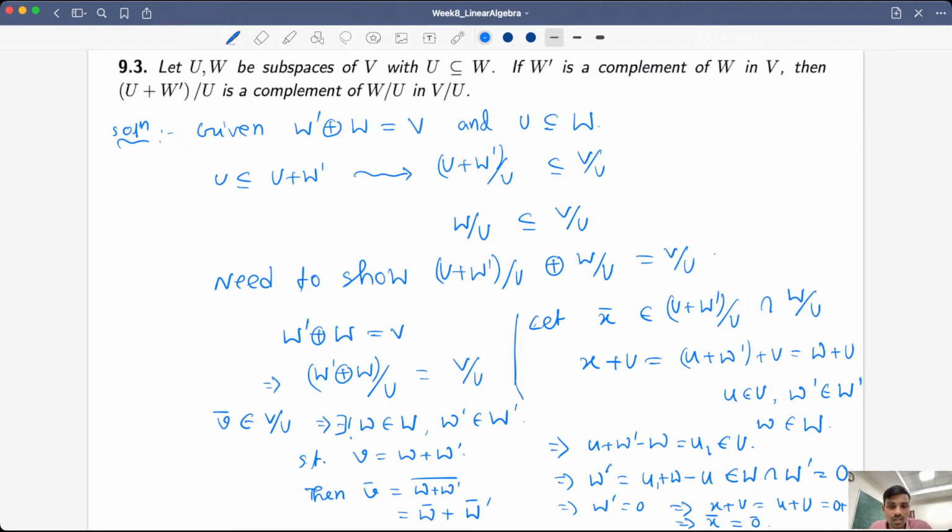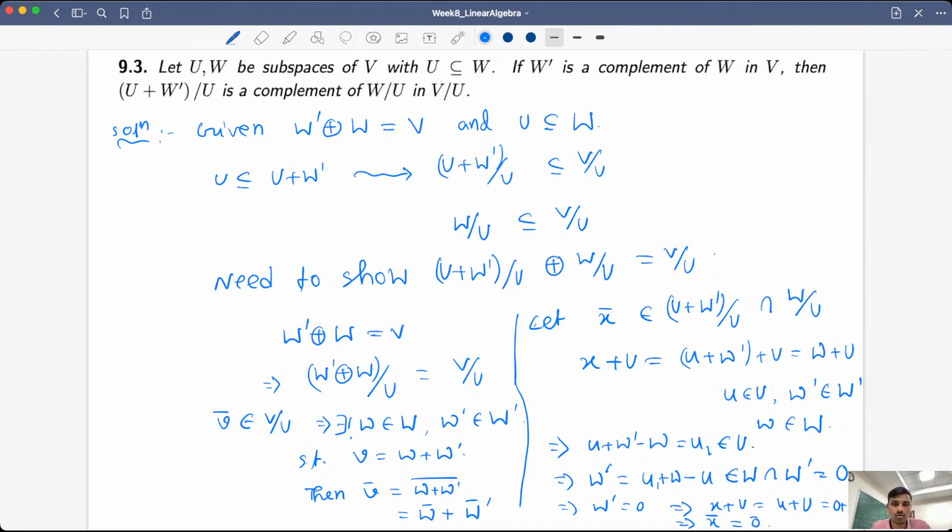So for each element I get a representation such that v bar can be written as w bar plus w prime bar. And this w prime bar clearly belongs to U plus W prime mod U, and w bar belongs to W mod U. So this is a direct sum also, due to this intersection being 0.